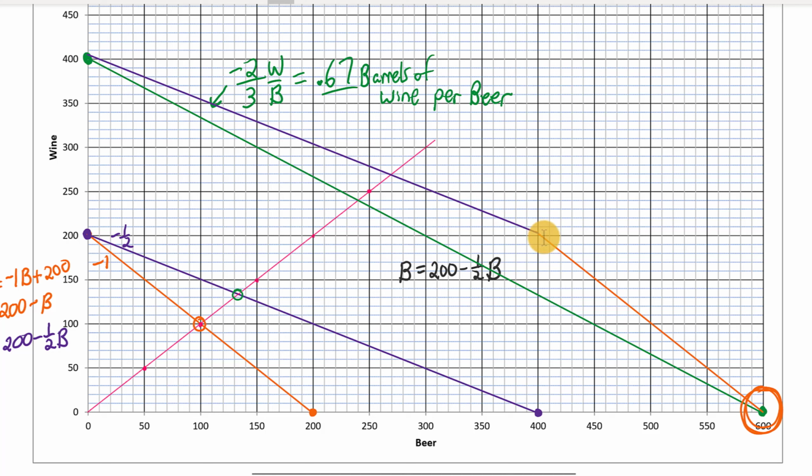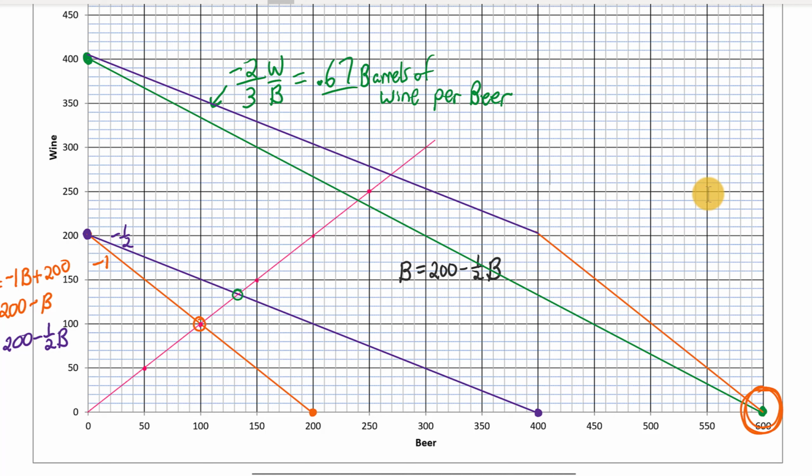And then only if we want to produce more than 400 barrels of beer, should we then engage the French workers to produce beer. And similarly, if we started over here and we wanted only beer, but then we decided to start producing some wine, first the French workers should produce the wine, and then only if we want to produce more than 200 barrels of wine should we start bringing in the workers from the United States.